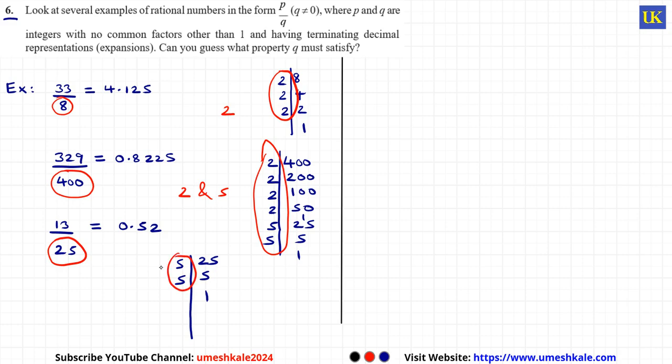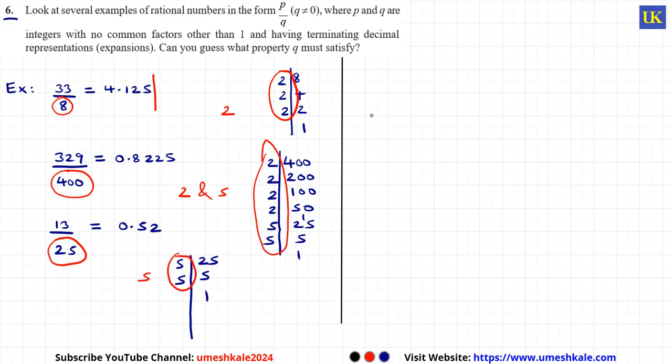In the factors of this denominator 25, we have 5. So what we understand is that if we have only the factors 2 or 5 or both 2 and 5, only then we will get a terminating decimal expansion which stops, right?